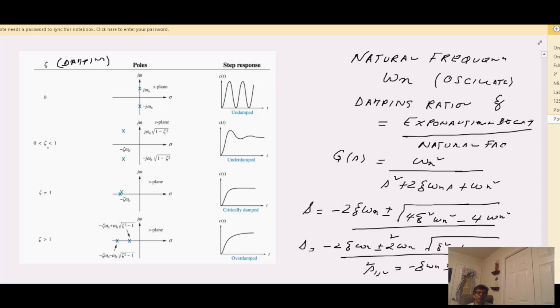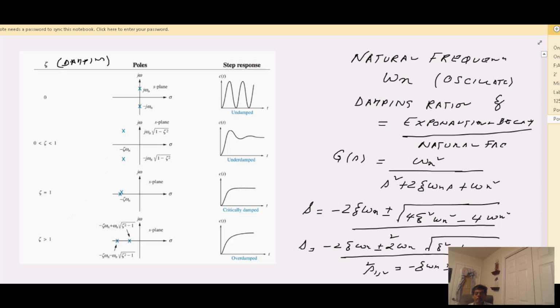If zeta similarly is between 0 and 1, you can come back here. You will see from this equation that you're going to have two complex poles. Recall from the previous discussion, this is called underdamped. And when zeta is exactly equal to 1, guess what happens? This term will go away.